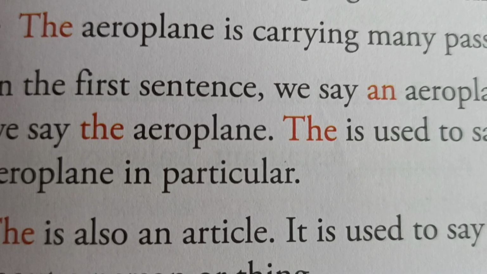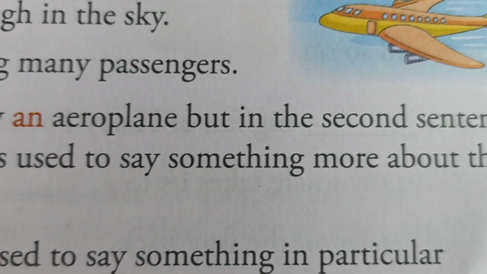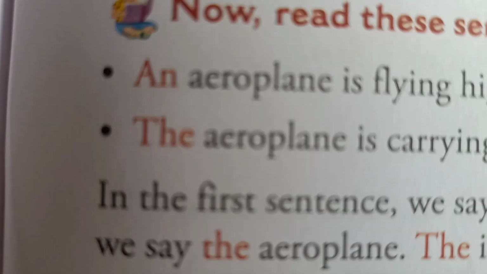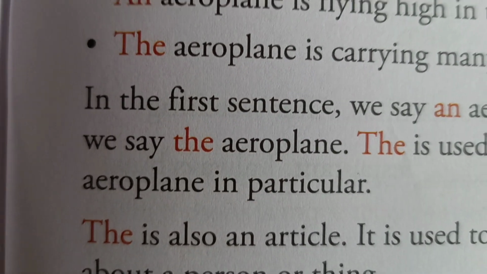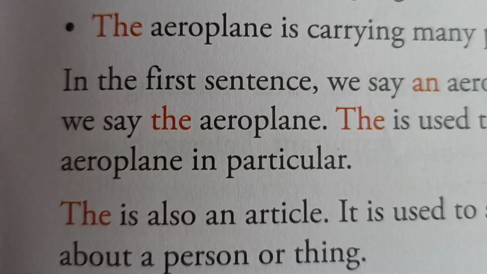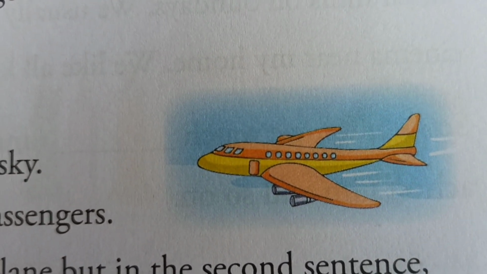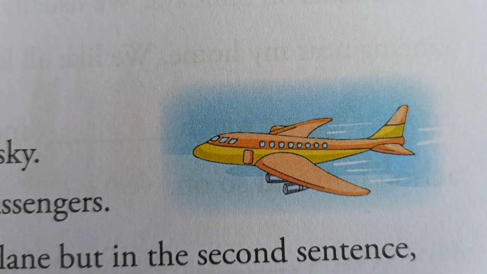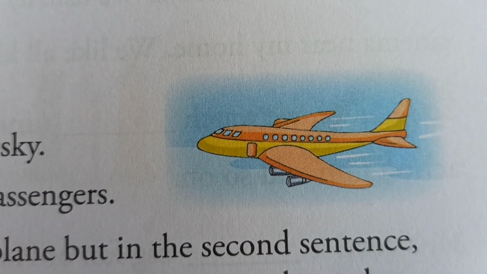In the first sentence we say "an aeroplane", but in the second sentence we say "the aeroplane". Why do we use "the aeroplane"? Because we are telling more information, particular information, special information about this one aeroplane. So we say "the".